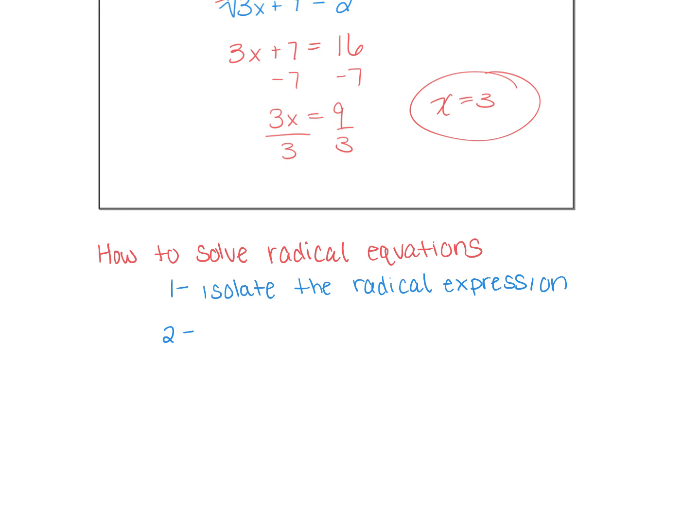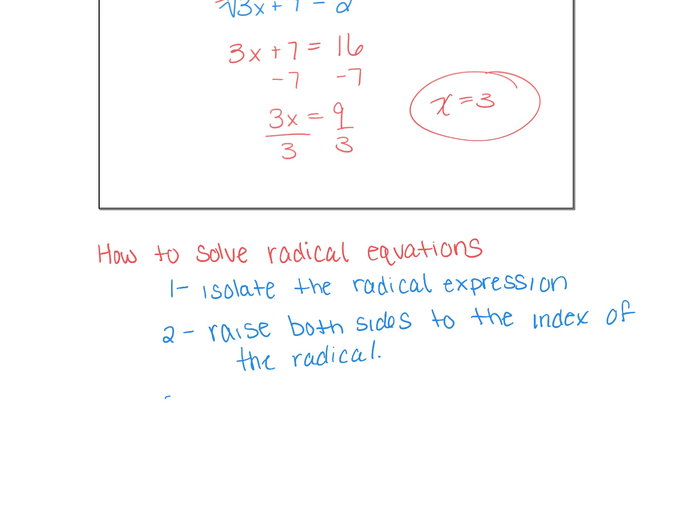And then step 2 is to raise both sides of the equation to the index of the radical. Okay, by that time, the radical symbol should be gone, and then it's a matter of isolating or solving for the variable.